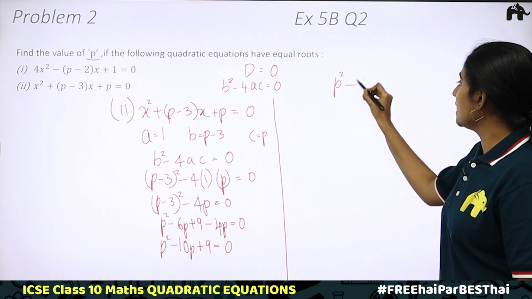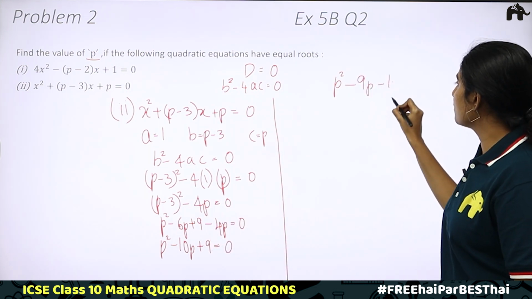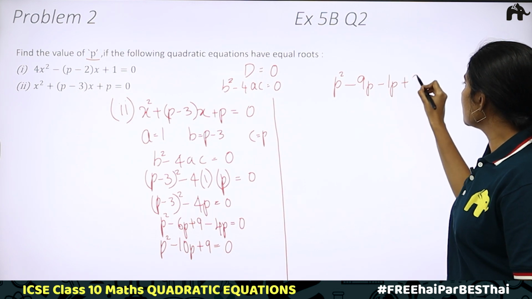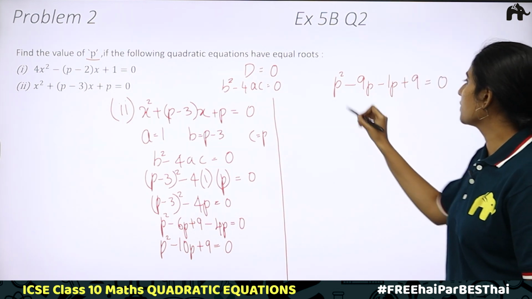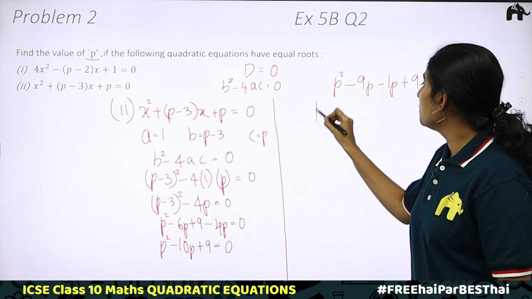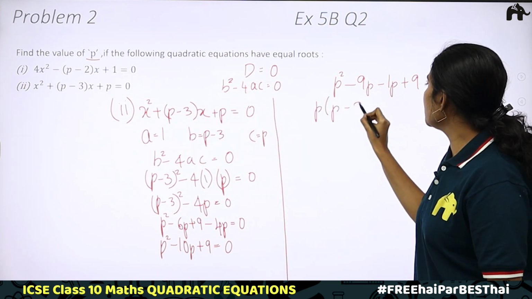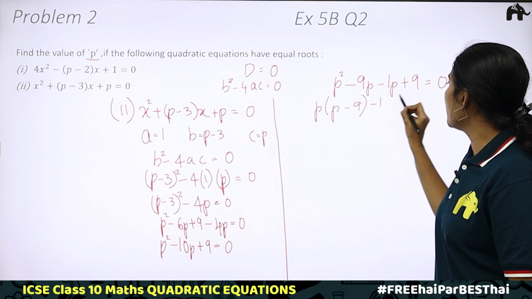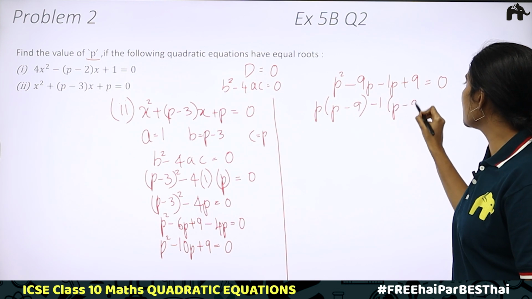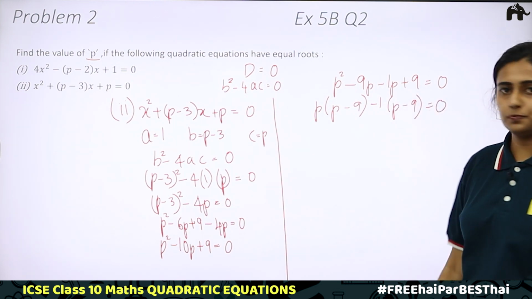That is minus 9p minus 1p plus 9 is equal to 0. Taking common terms, p into p minus 9 minus 1 into p minus 9 is equal to 0.